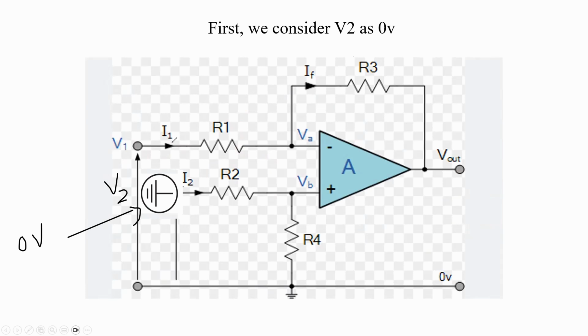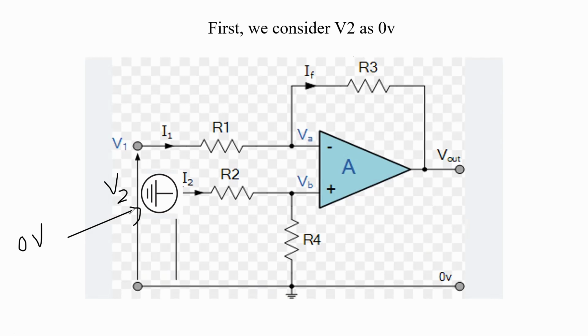Here we use the superposition theorem to derive the equation for the differential amplifier. First we ground the V2 terminal.